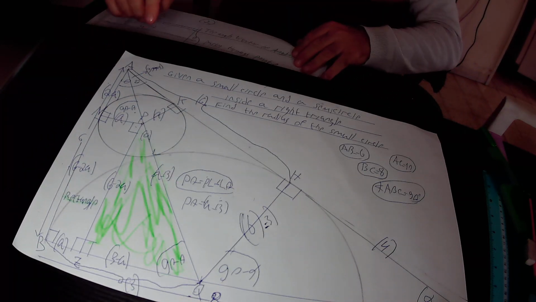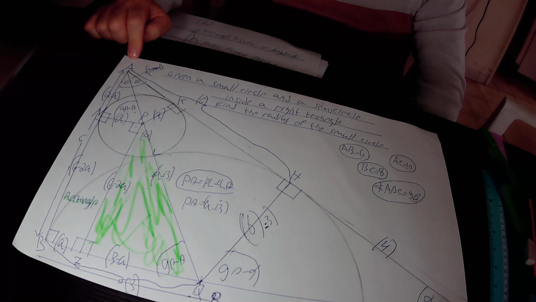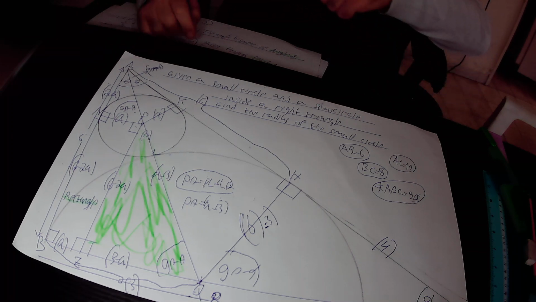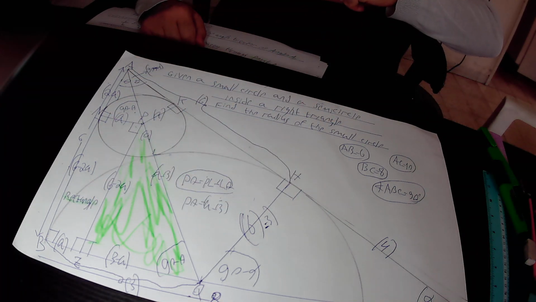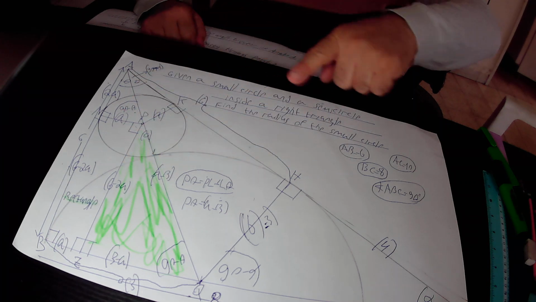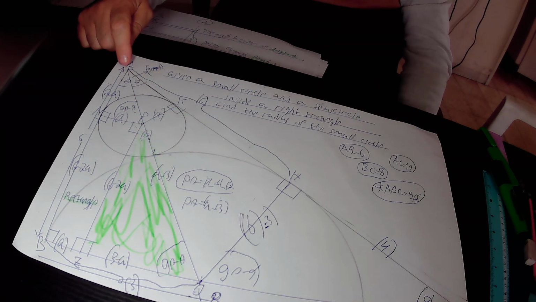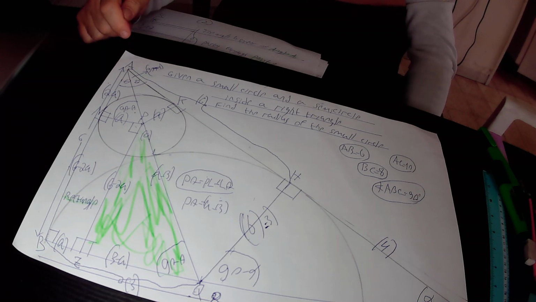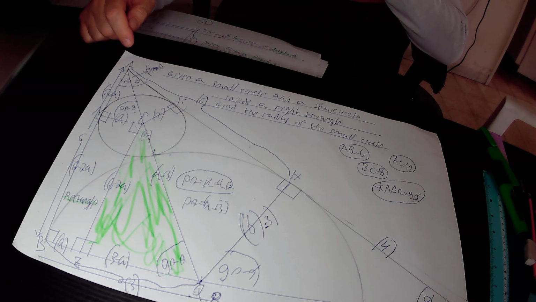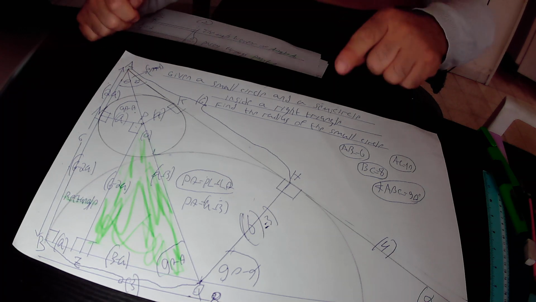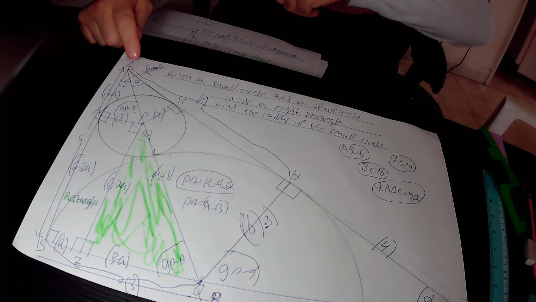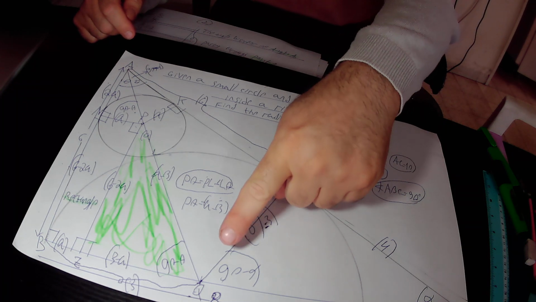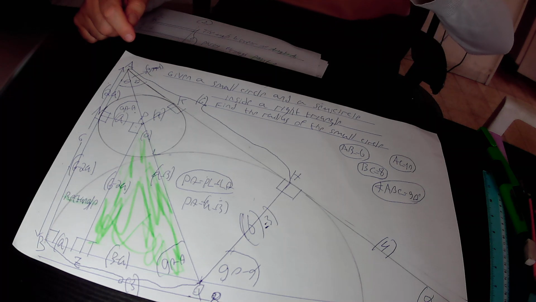Likewise, we continue to focus on this common point A. From this point A, we have two tangents to this big semicircle, tangent AB and tangent AH. By drawing the two tangents AB and AH, we get the same angle A. Now we can implement rule 15. According to rule 15, the angle bisector of this angle A must also pass through point Q, that is the center of this big semicircle.